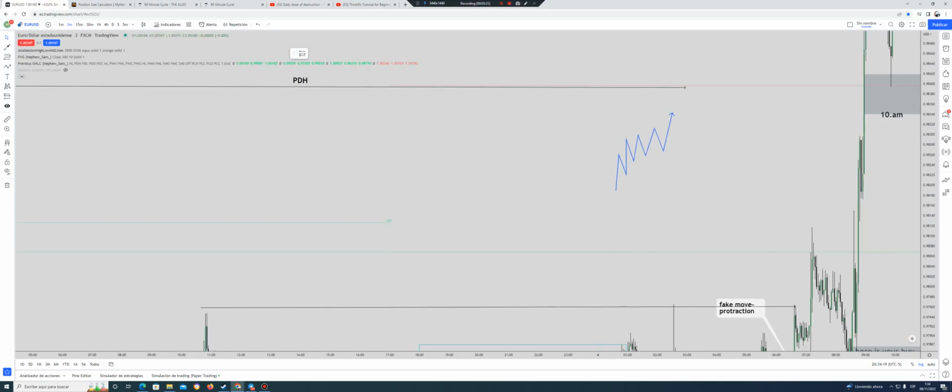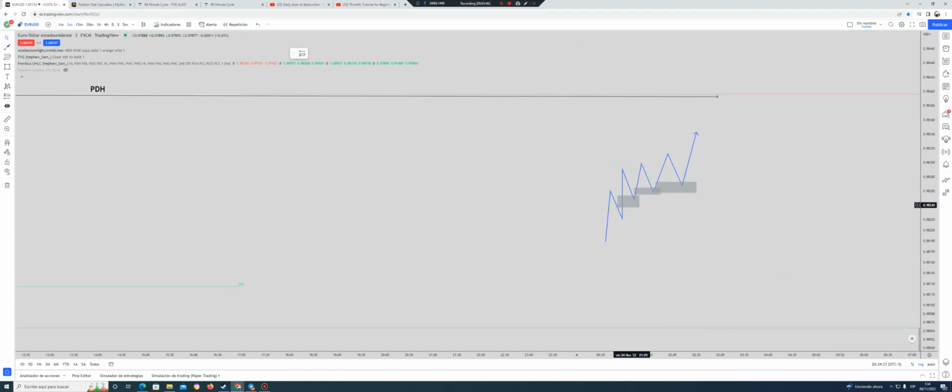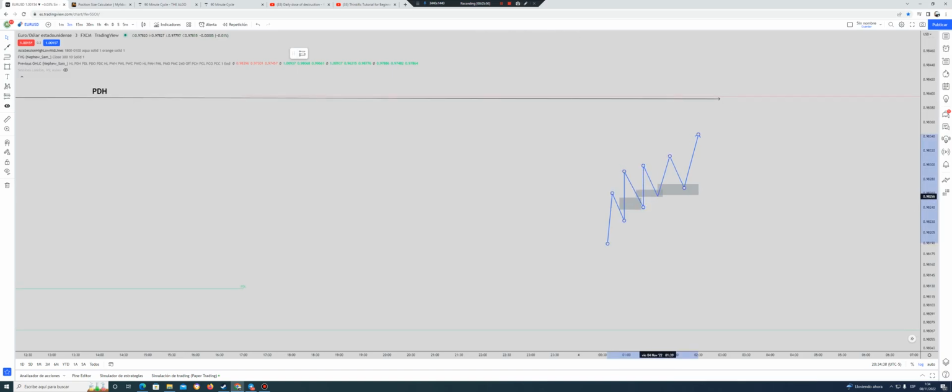Price is mitigating this here, this here, this here, all of that. But all of these, at some point, become liquidity, because they're already mitigated.